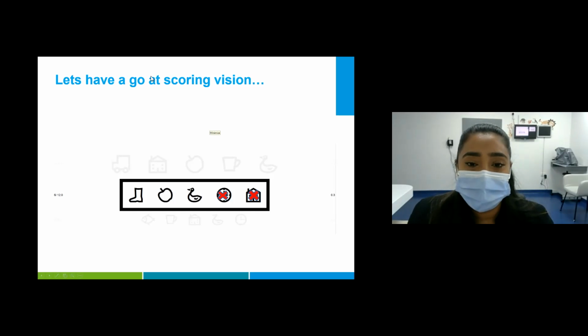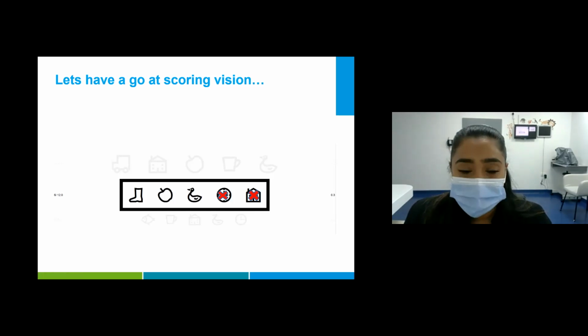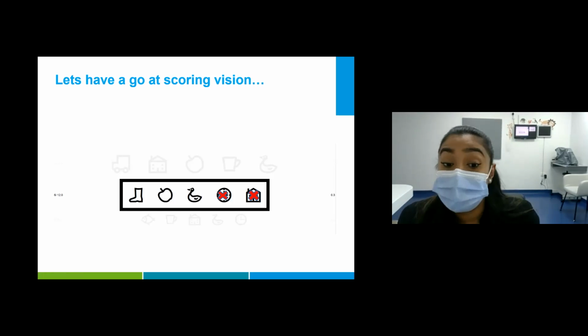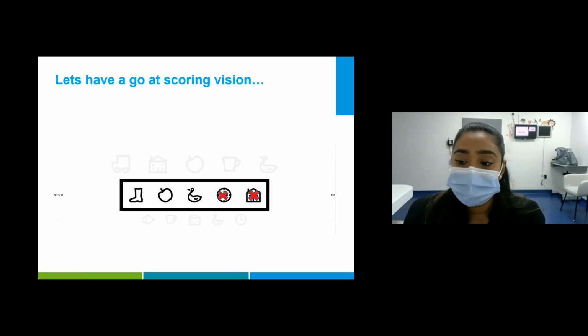Okay, so I'm going to go ahead and we're going to practice doing some scores. This is a 0.3 line, and a patient has got 2 incorrect responses. So they've only got 3 of those pictures right. Does anybody have an idea on what the score of the visual acuity would be here?